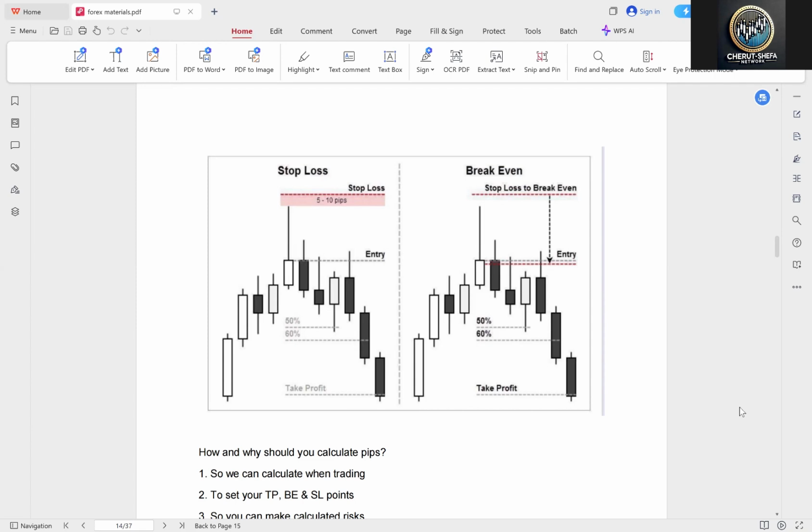That means halfway to your profit target. If not, if you set the break even too early, the price might actually fluctuate to take it off, and then it goes in your direction. So ensure that the price actually moves halfway into the set target, the profit target, before you set your break even.